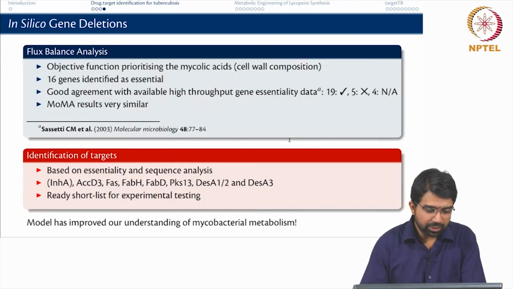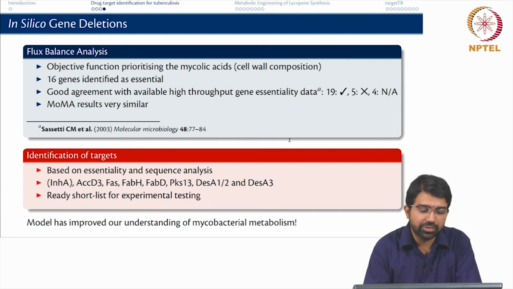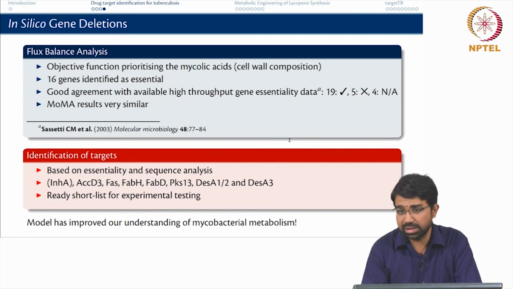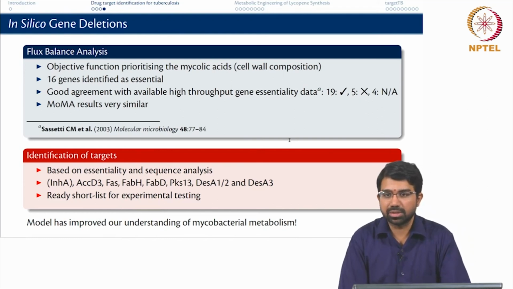So as I said, we used an objective function prioritizing the mycolic acids based on the cell wall composition of mycolic acids, and we identified 16 genes as essential, which had good agreement with experimentally available gene essentiality data. So they are experimentally determined data using a technique called transposon site hybridization mutagenesis.